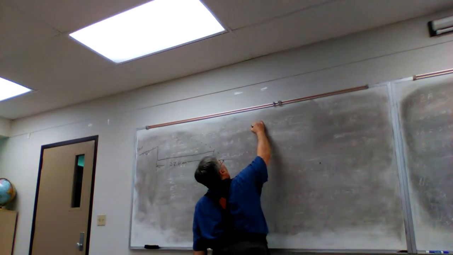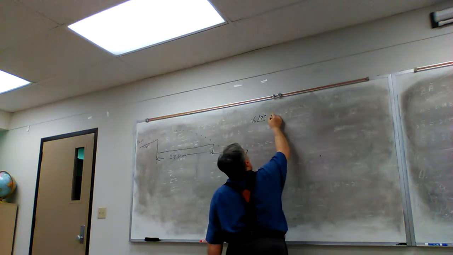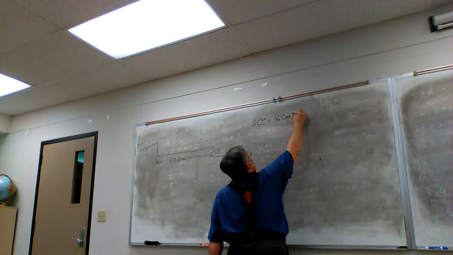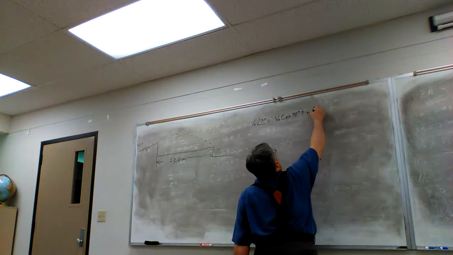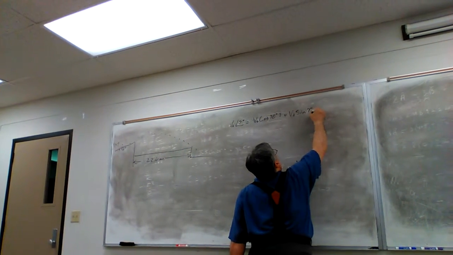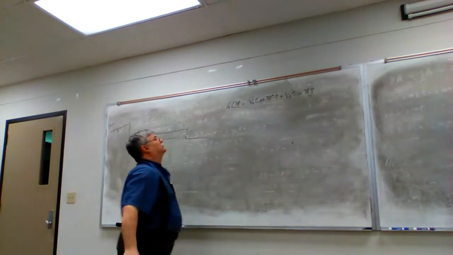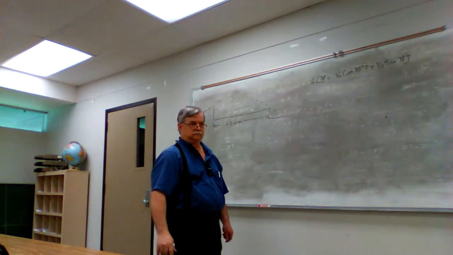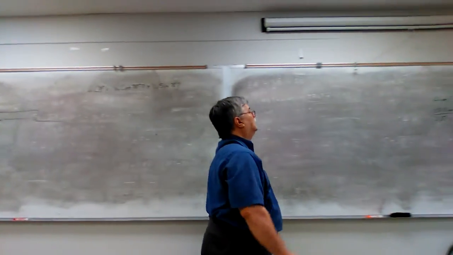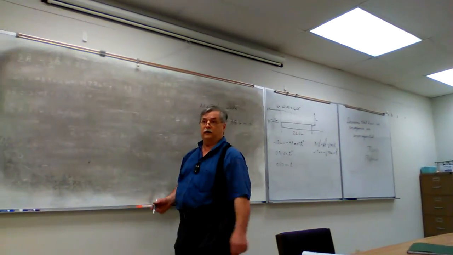That means his v naught is at an angle of 7 degrees, which means it's v naught times cosine of 7 i plus v naught times sine of 7 j. We still need to figure out how long he's going to be in the air.